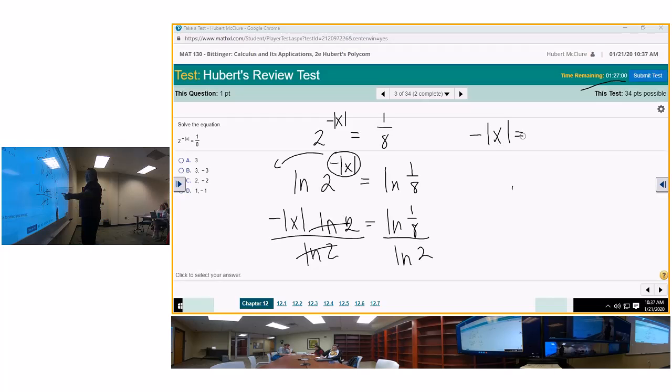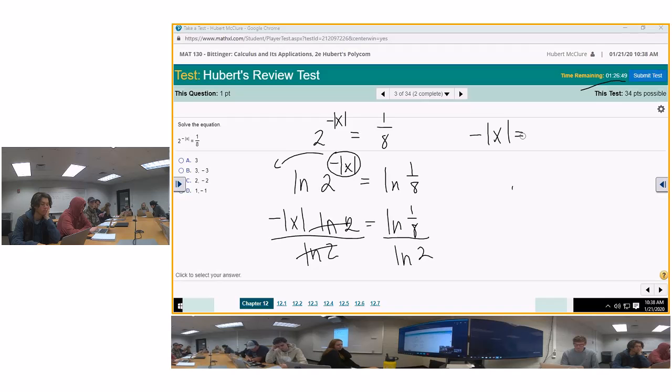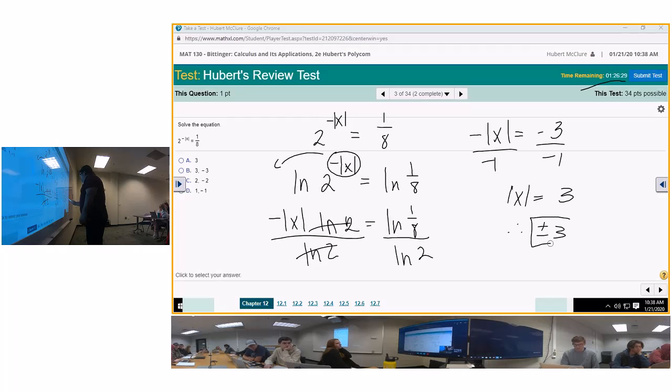Somebody give me the log of 1/8 over the log of 2, please. You can do the log or you can do natural log, I don't care. I think it's -3. Divide by -1. The absolute value of x is equal to 3. Therefore, positive and negative 3 is your answer.